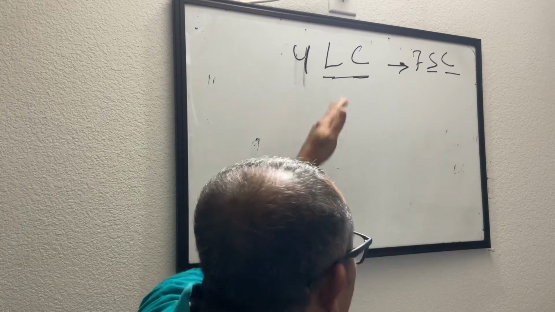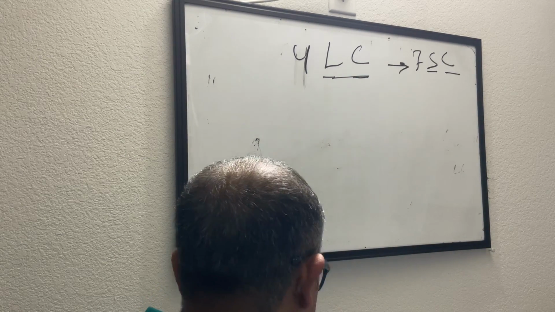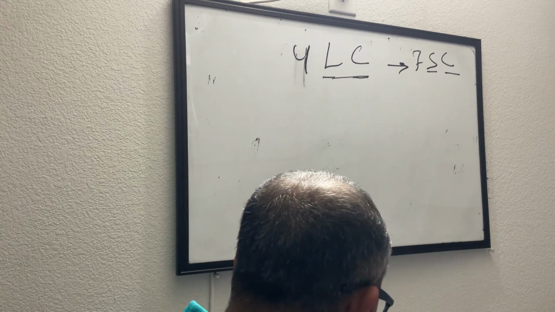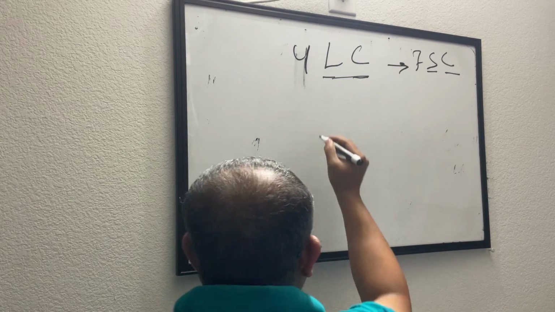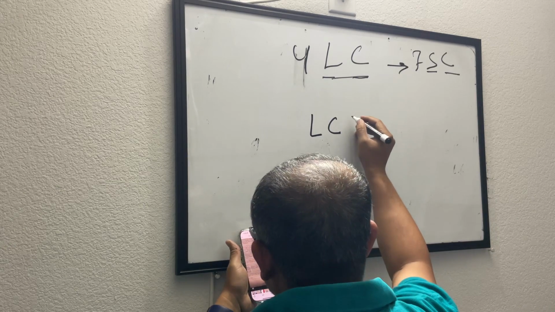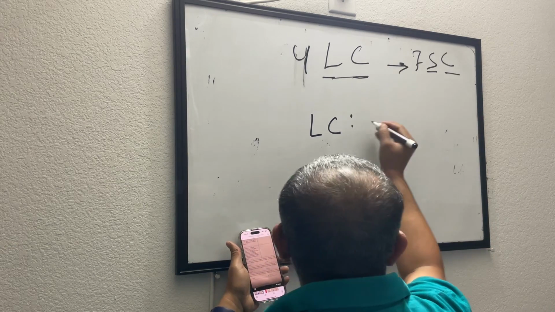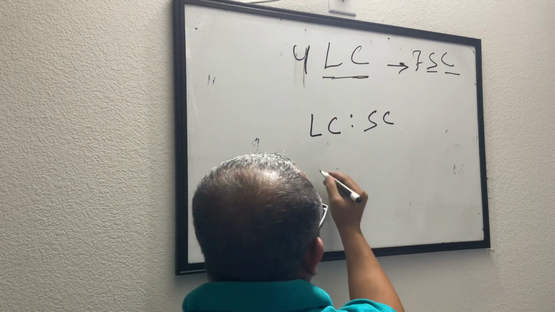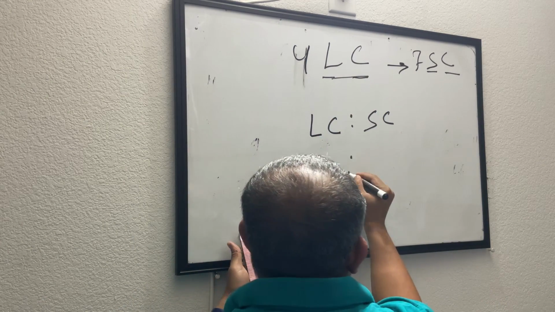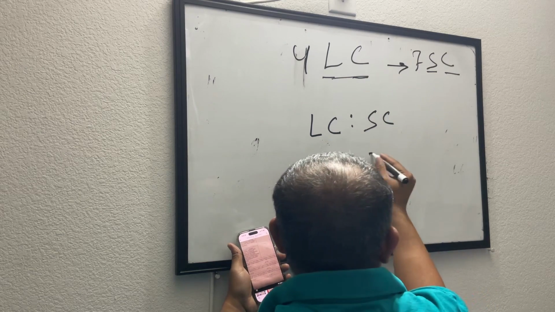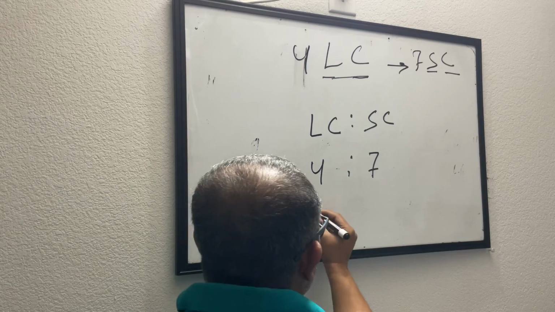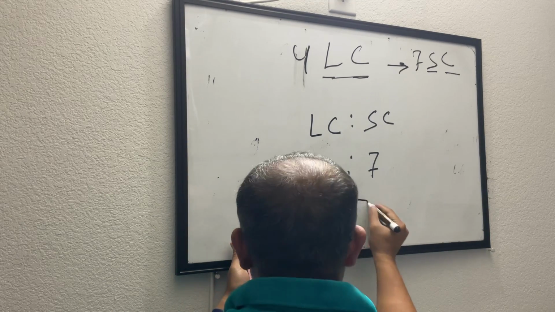What do you have for large container? 4 large containers. What do you have for small container? 7 small containers. So we are talking about 4:7.